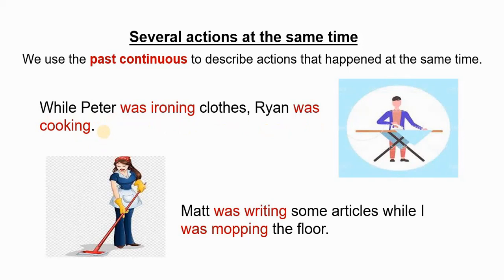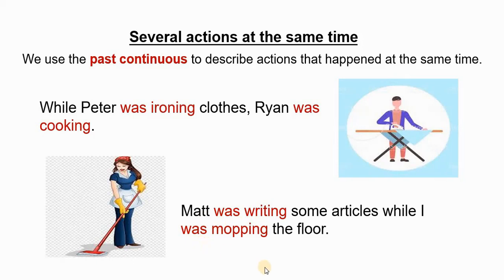And Matt was writing some articles while I was mopping the floor. So notice that both clauses, both actions are in the past continuous. Was ironing, was cooking, was writing, was mopping.